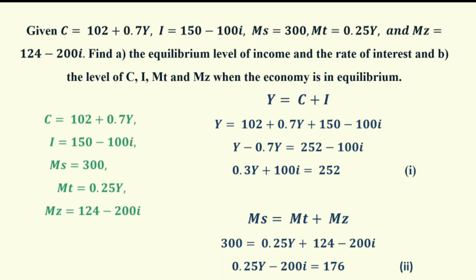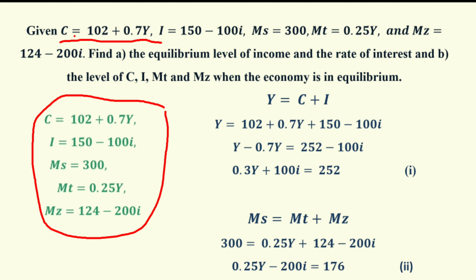Now we have an application of this model in economics. For example, given the consumption function C is equal to 102 plus 0.7y, investment I is equal to 150 minus 100i, MS, the supply of money, is equal to 300, MT, the transaction demand for money, is equal to 0.25y, and MZ, the speculative demand for money, is 124 minus 200i.